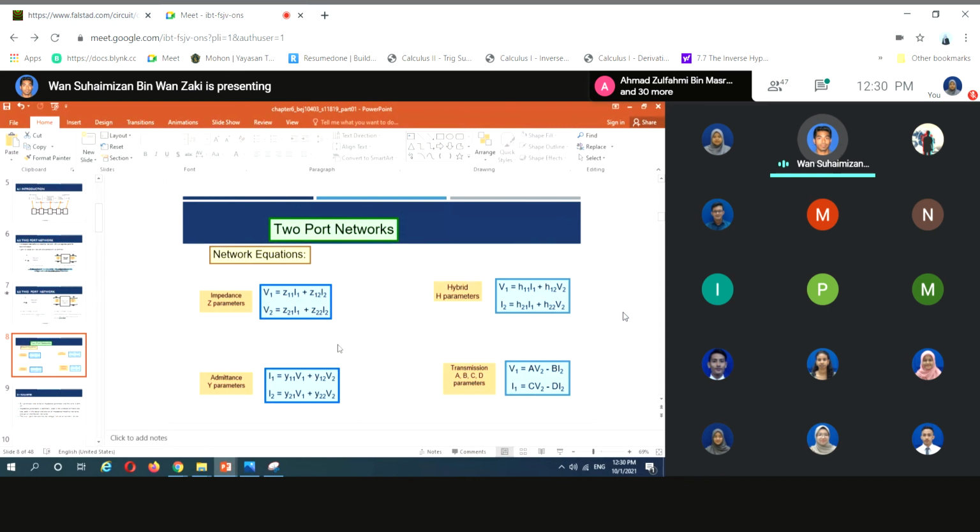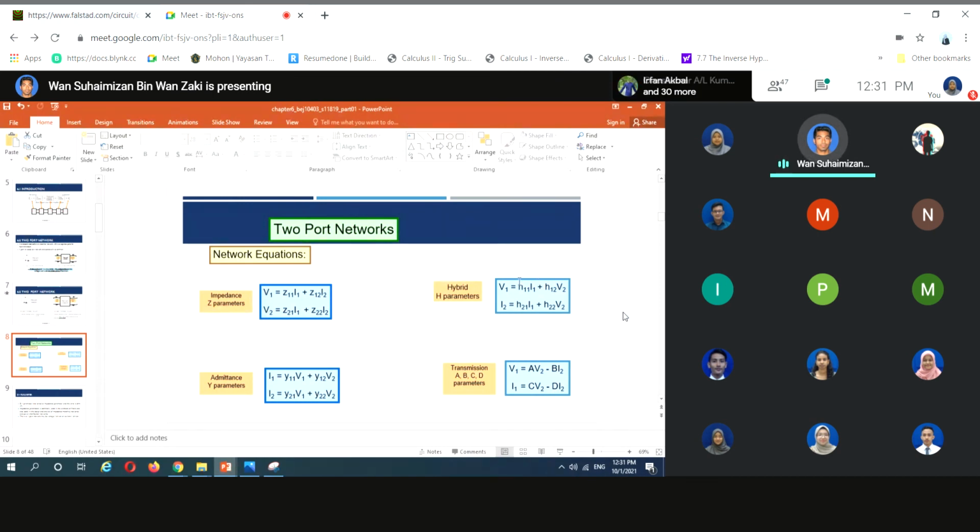So that is a little bit confusing because you need to play around with the analysis. What is the best analysis in order to represent the ratio between, for example, I1 over V2, for example, right? So that is the more complicated part lah. But the first part, you need to determine this general equation.